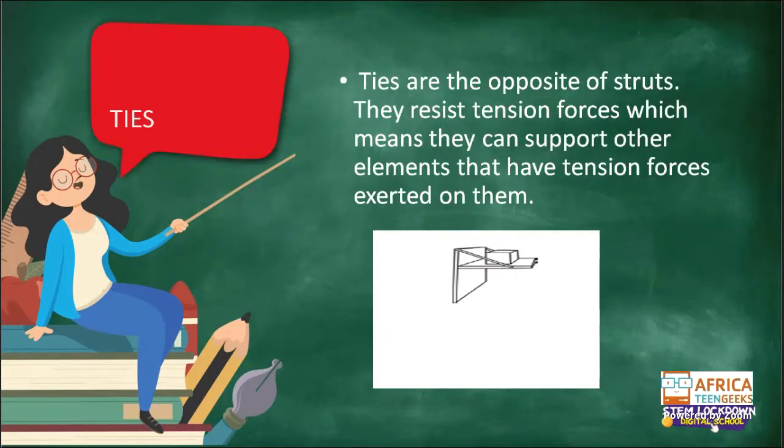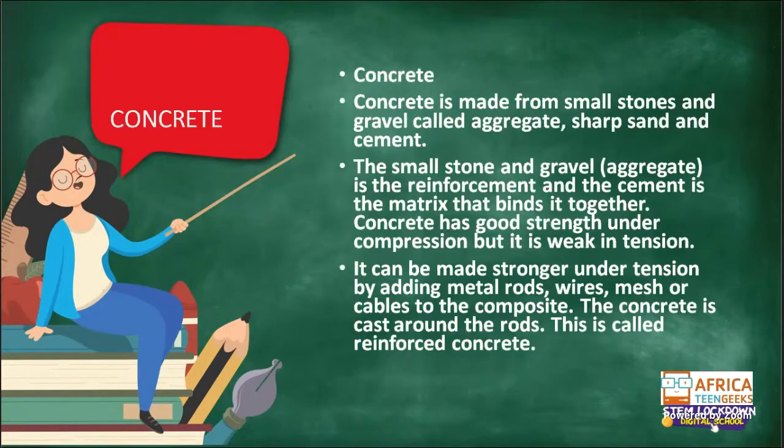They resist tension forces, which means that they can support other elements that have what? Tension forces exerted on them. All right. Now, so we have just looked at structural reinforcement, adapting materials to withstand forces or loads when we are dealing with structural design.